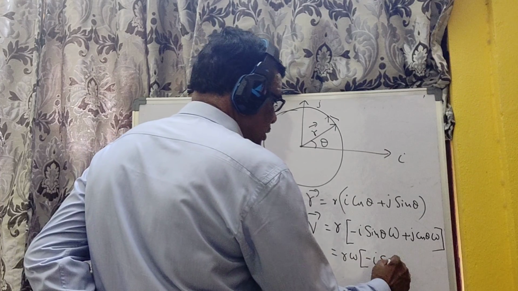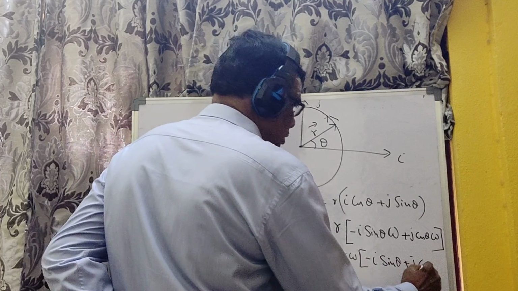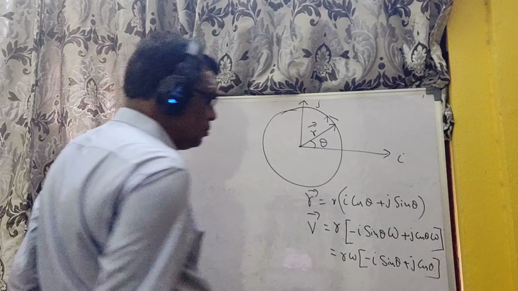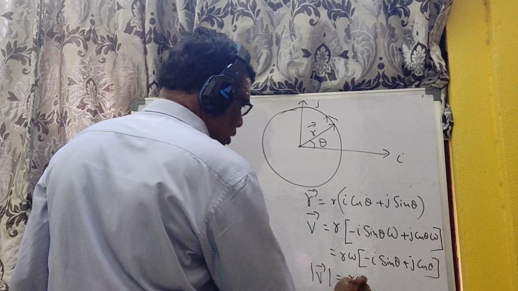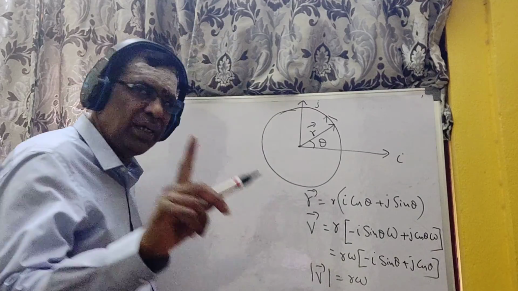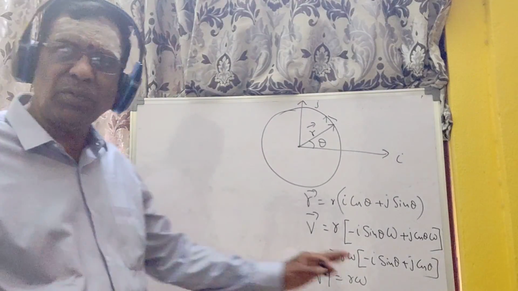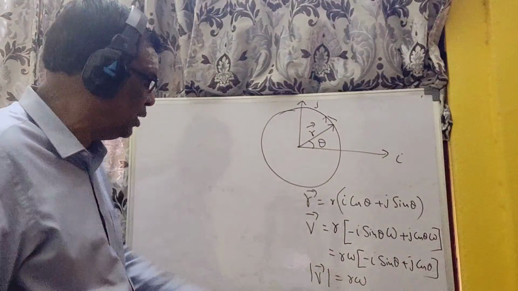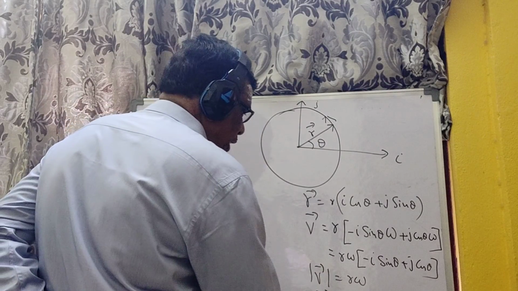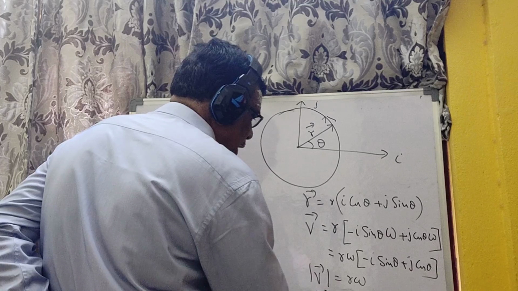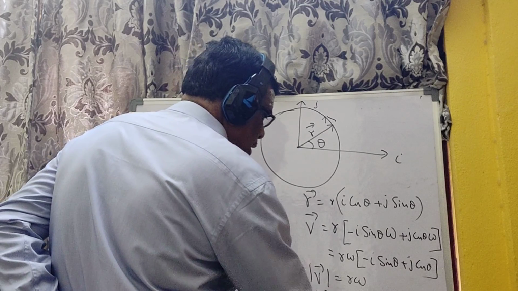This is minus i sin theta plus j cos theta, and the modulus of v is r omega, because the modulus of that unit vector is always 1: under root of sine square plus cos square is 1, you know very well. The same thing with the right hand rule, you can write as omega cross r.